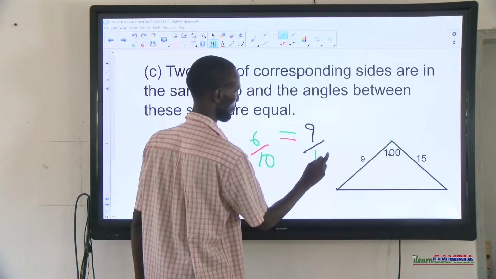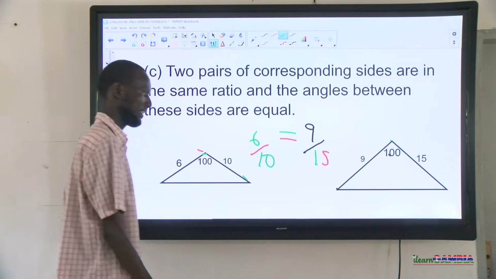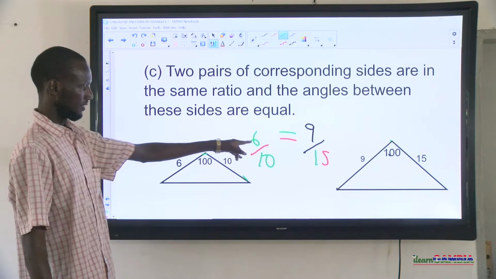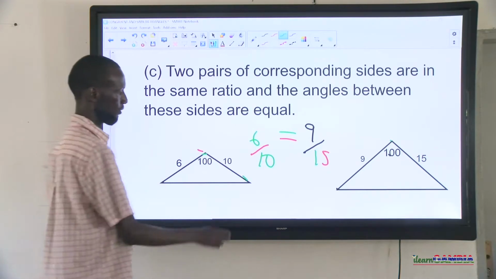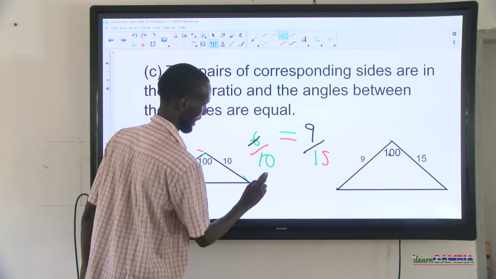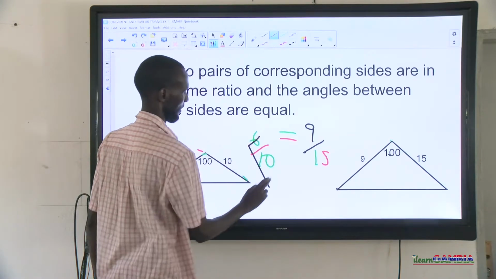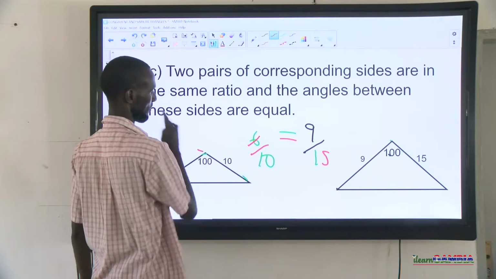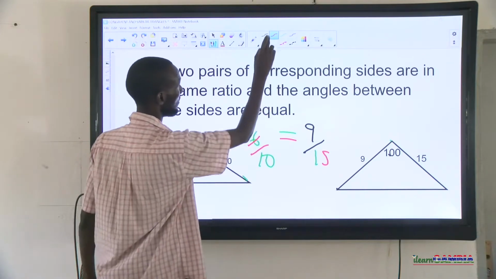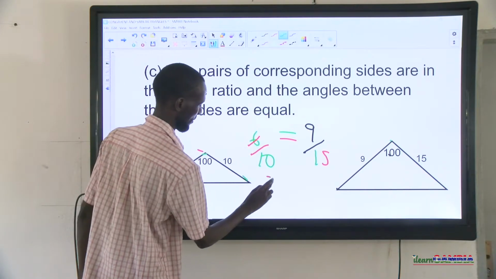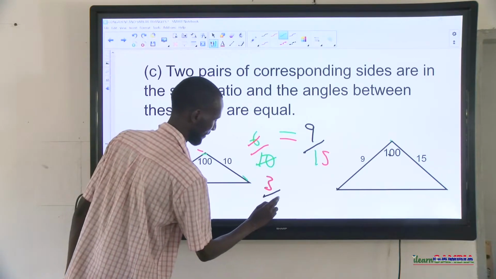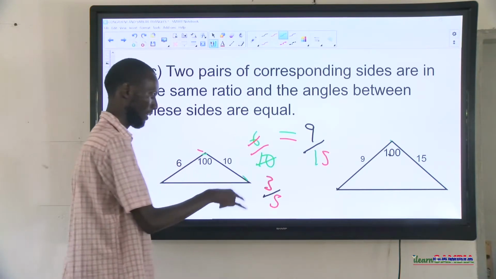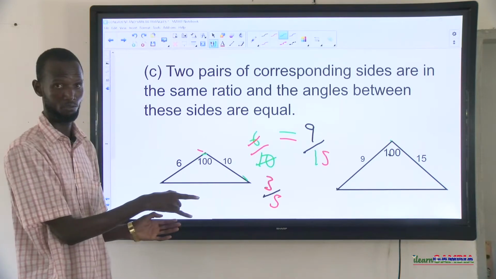If we simplify these two, would they be equal? Let's try and see. 6 and 10 can be divided through by 2. And 2 can go into 6 exactly 3 times. That should be 3 over. 2 can go into 10 5 times. So you get 3 over 5 when you simplify the first triangle's sides.